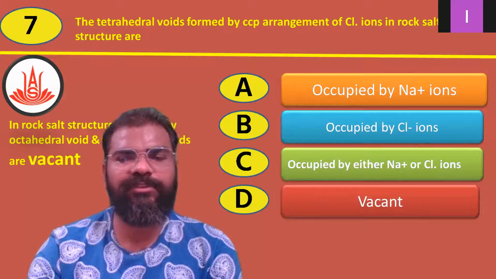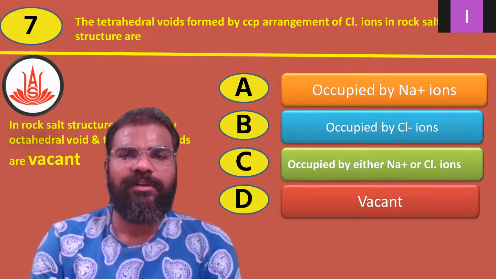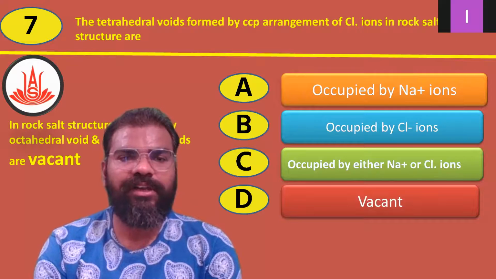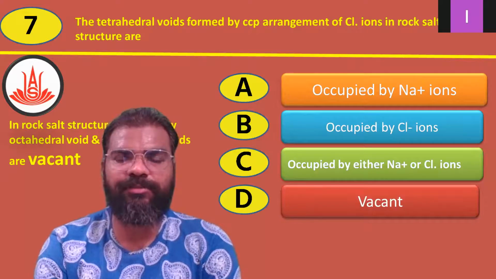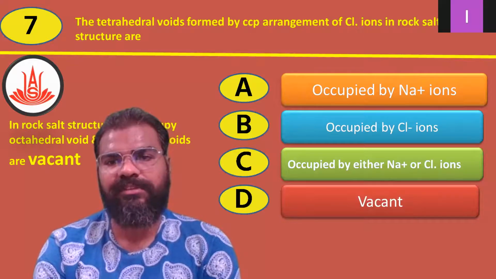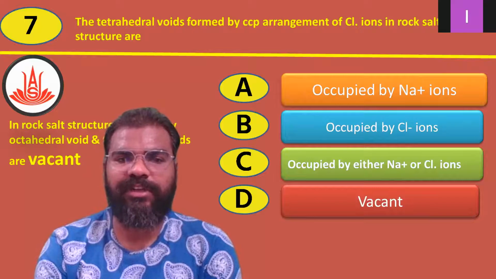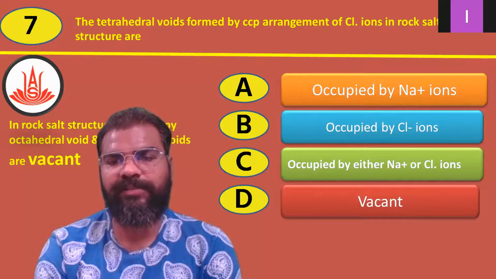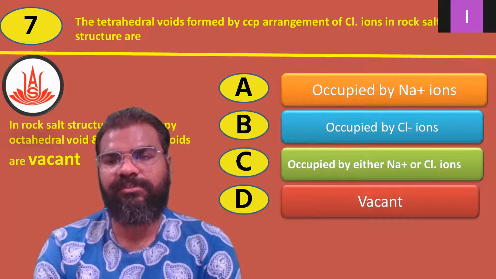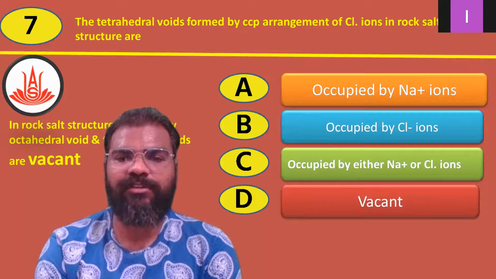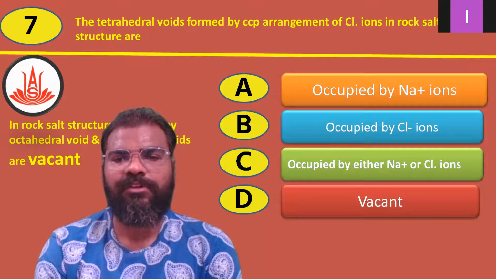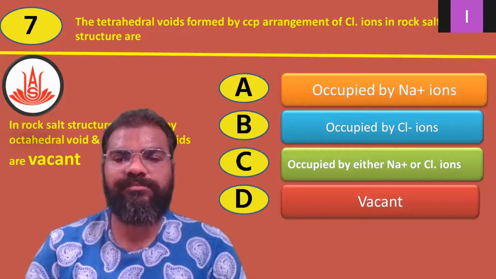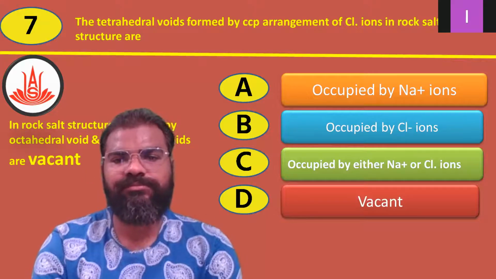After that, question number 7. They also ask questions on tetrahedral and octahedral voids. The tetrahedral voids formed by the CCP arrangement of chloride ions in the rock salt structure are occupied by Na plus ions, occupied by chloride ions, occupied by either sodium or chloride ions, or vacant.